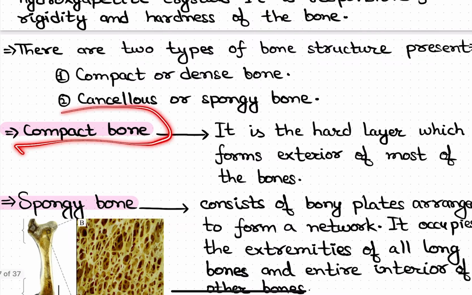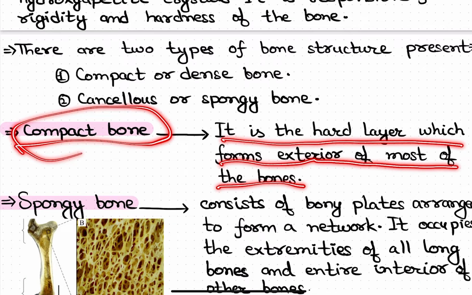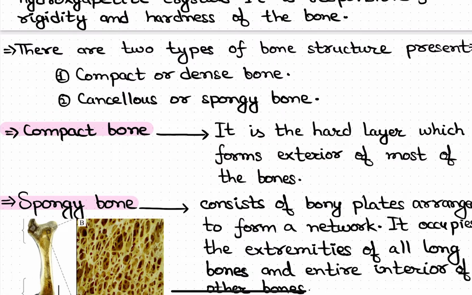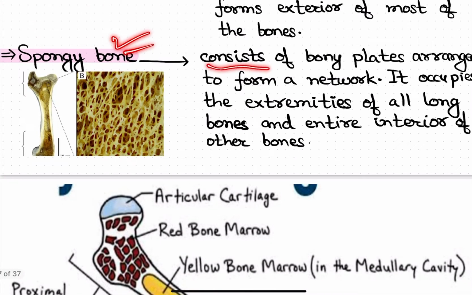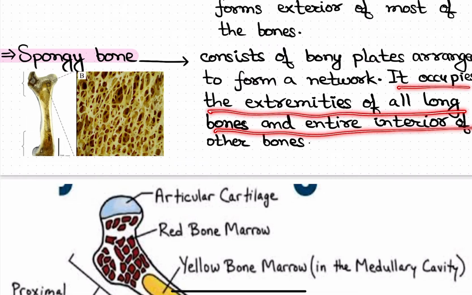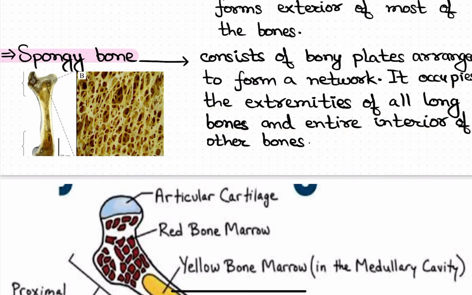Compact bone is the hard layer which forms the exterior of most of the bones. So the exterior part of most bones is compact bone to give them rigidity as well as hardness. Now spongy bone consists of bony plates arranged to form a network. You can see these are like this, forming this kind of structure, and it occupies the extremities of all long bones and the interior of other bones.